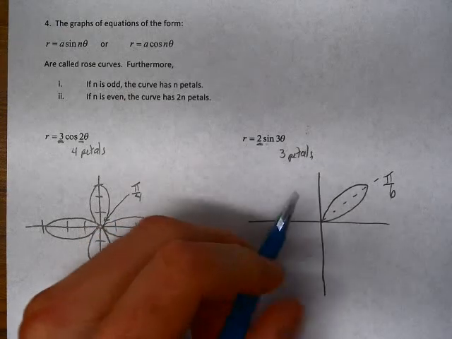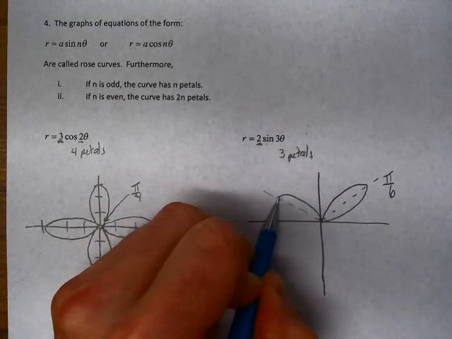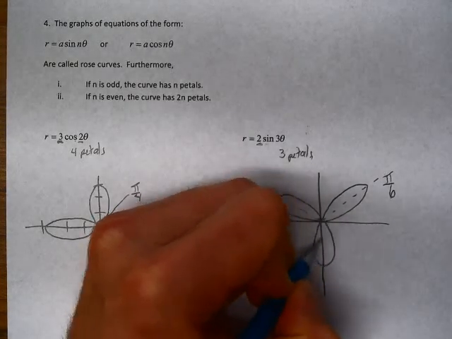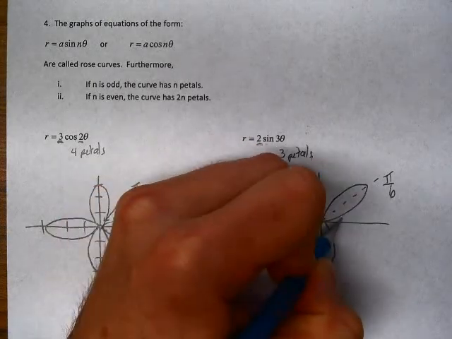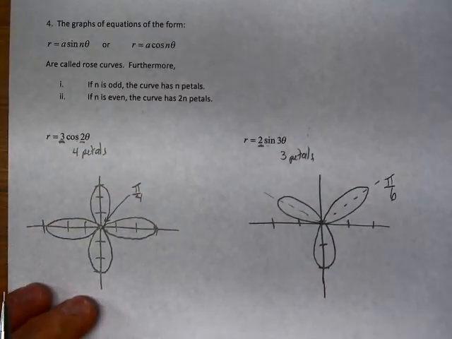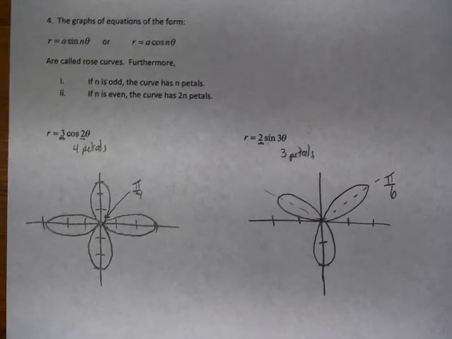Our petals have to be equally spaced, so they're going to be 120 degrees apart. And our graph will look like that.